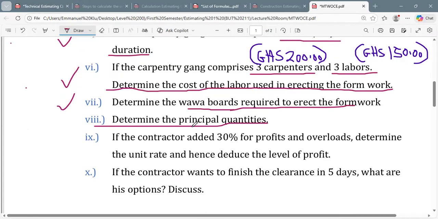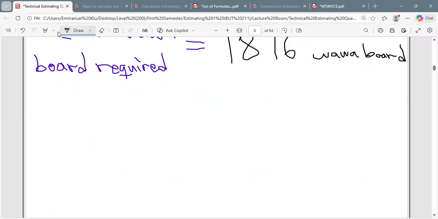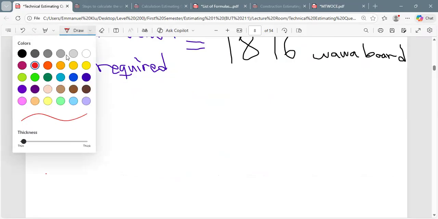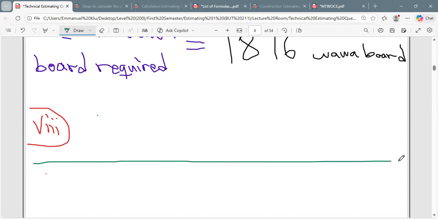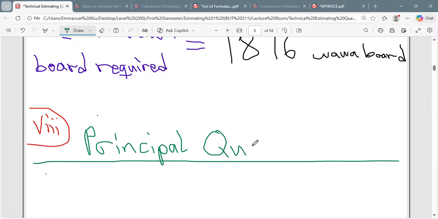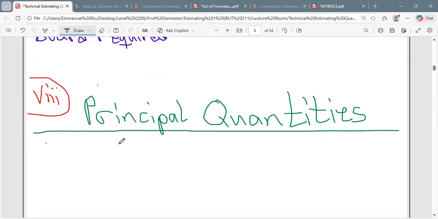So that is now our part eight. So, principal quantities.